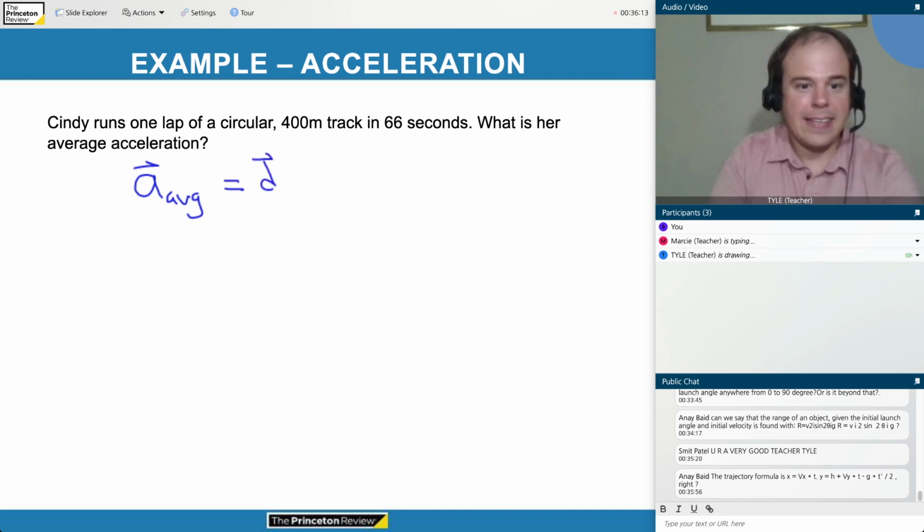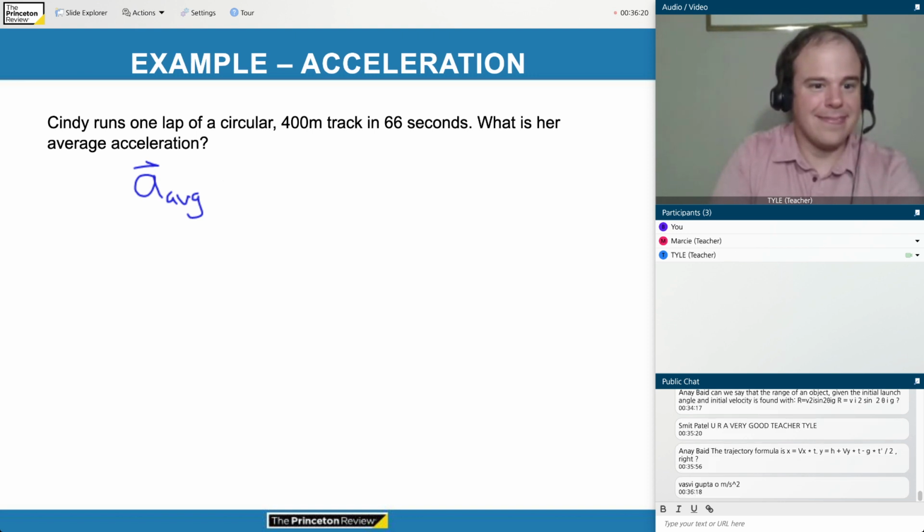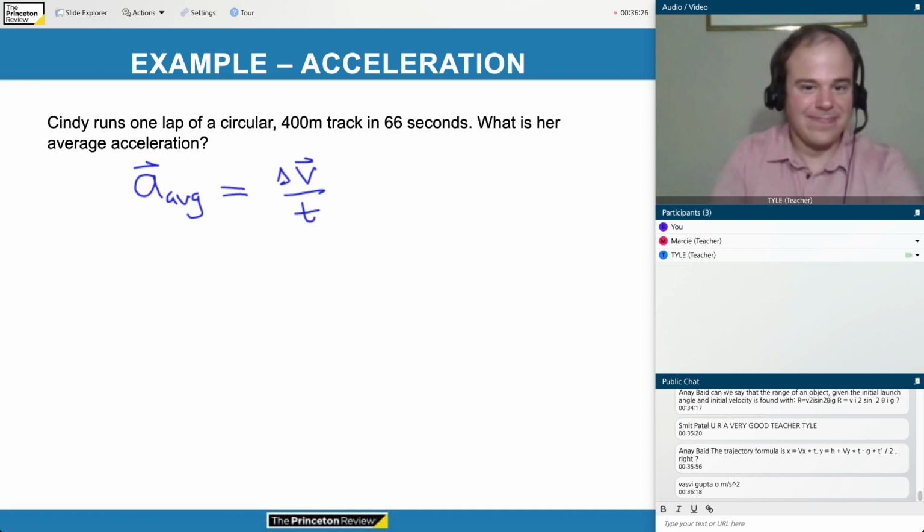Remember that it is the change in her velocity divided by time. Okay, and what was her change in velocity when she ran around this track?